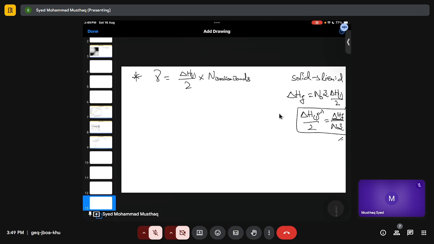So that's why we are trying to substitute this instead of this, and that's why I explained this whole thing. So it will be delta H fusion upon N naught times Z times the number of broken bonds. That's it. Now, how do you find the number of broken bonds?